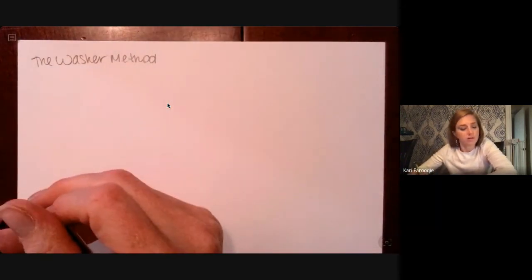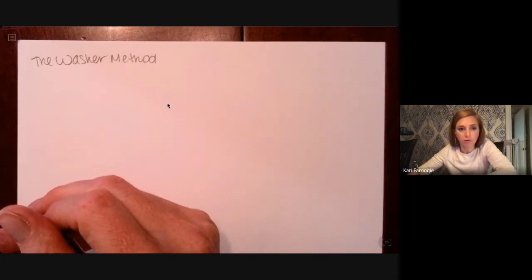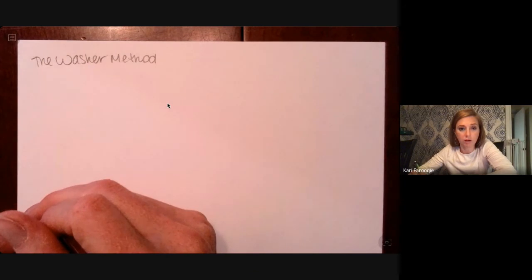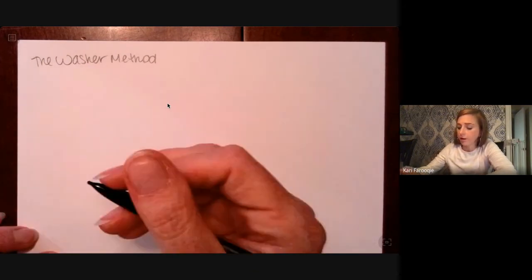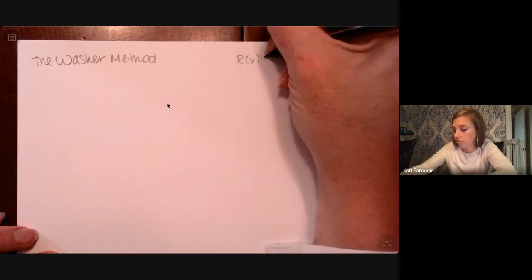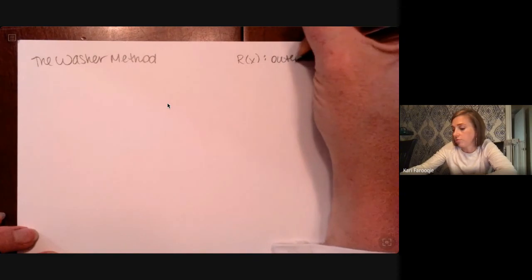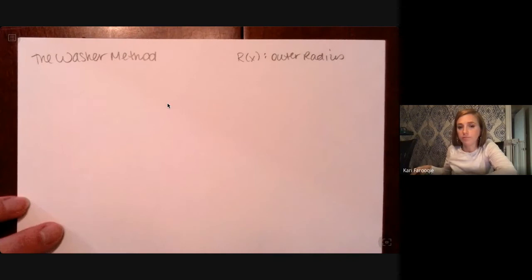You will find that this is extremely similar to the disk method, except that you're going to have to account for the fact that you don't have a full radius because you're cutting out a piece in the middle that isn't going to count. I'm going to use the same notation here, except that R of X is going to denote the outer radius. It's the big R, and the outer radius is the bigger one.